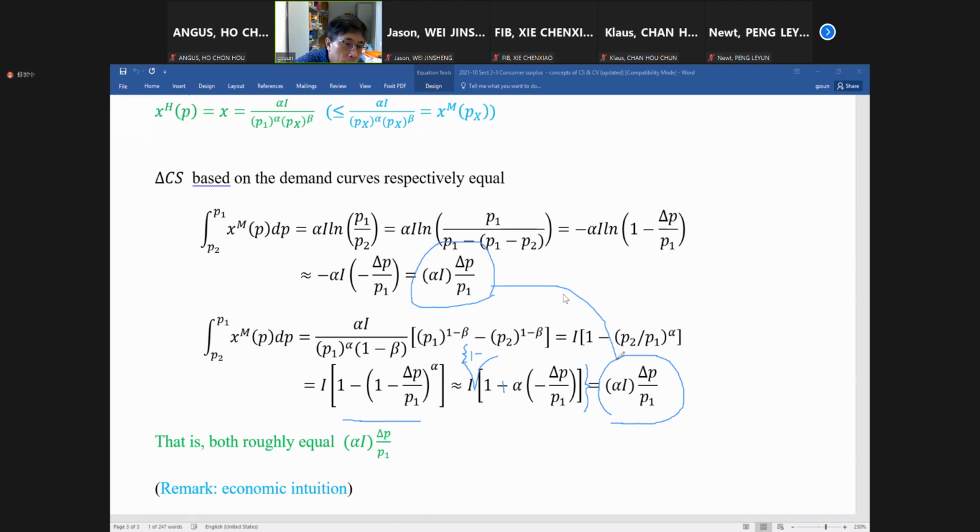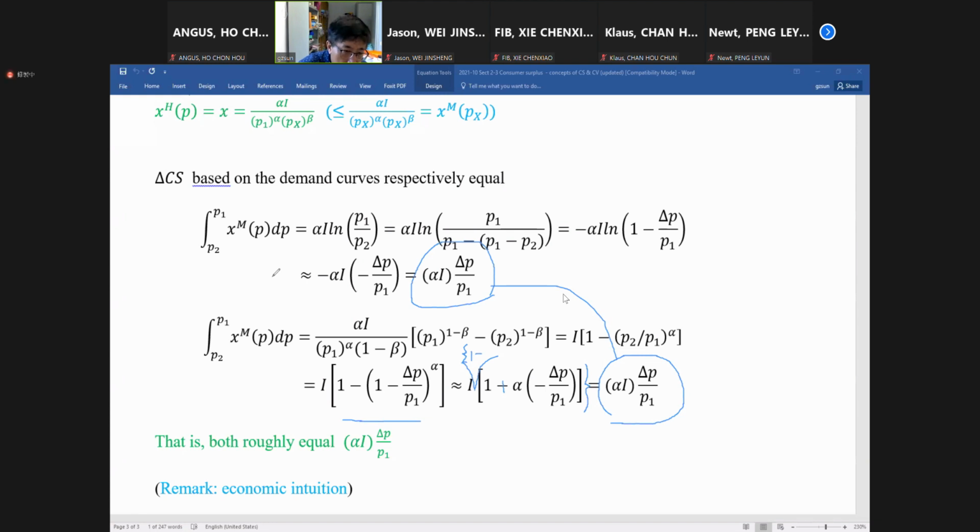What we are doing basically is to argue for something almost obvious in economic terms. If you ask economists, just guess, whatever the formula is, based on your economic intuition, tell me, if the government of Macau decides to drop the price, what's the change in consumer surplus?